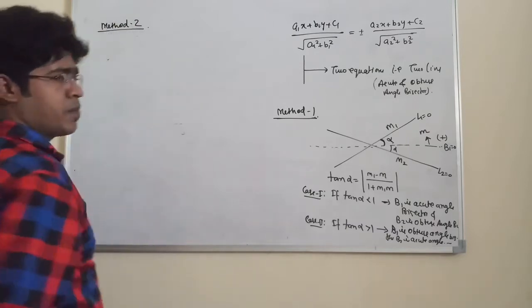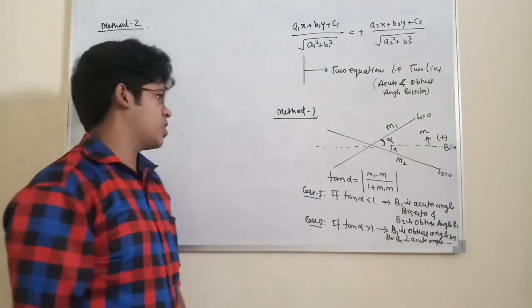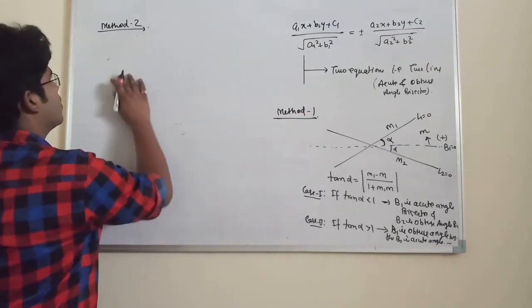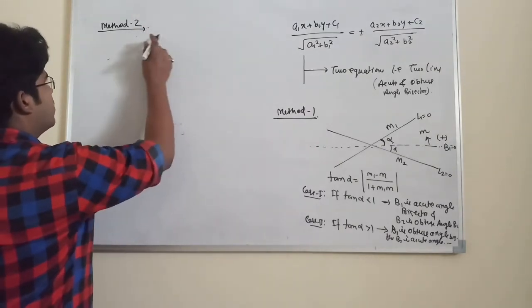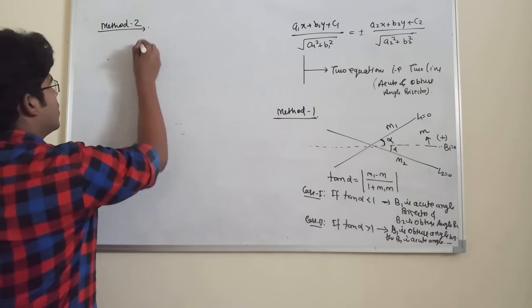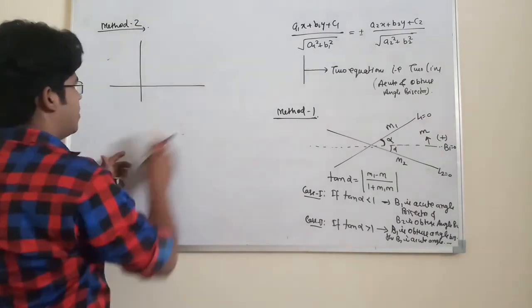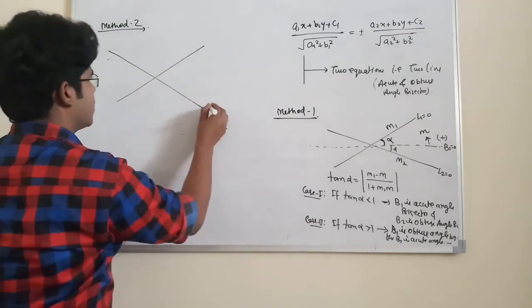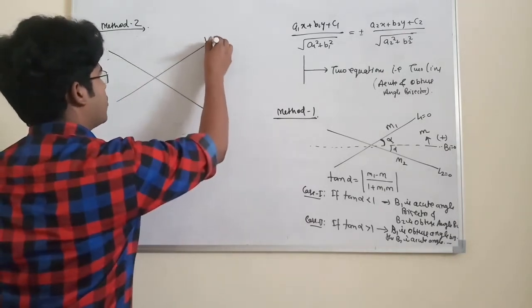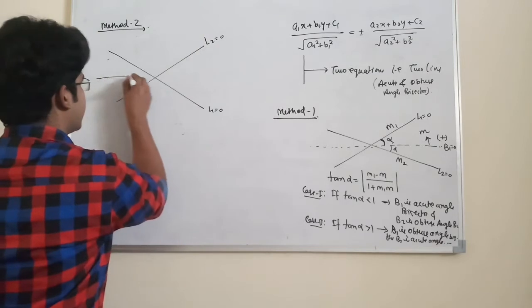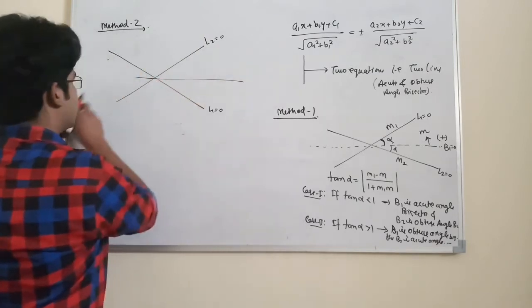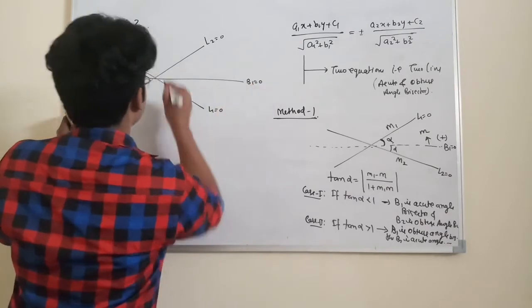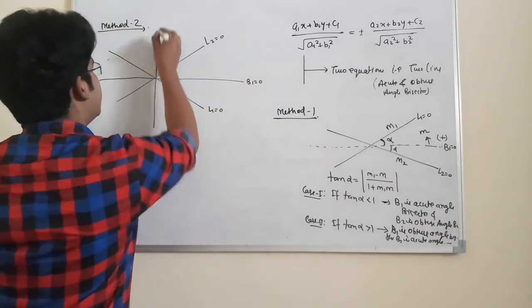Method 2 says if we have two lines, L1 equal to 0 and L2 equal to 0, and suppose these are the bisectors, B1 equal to 0 and B2 equal to 0.